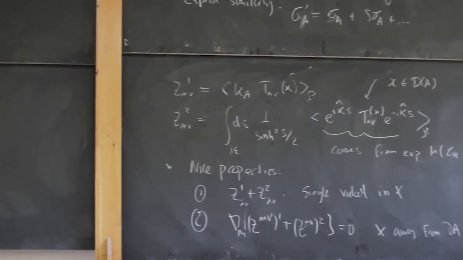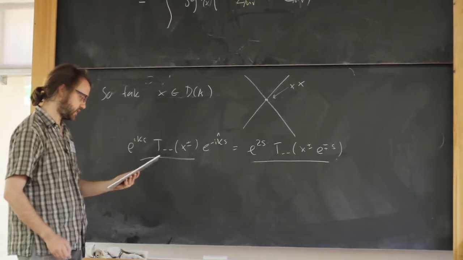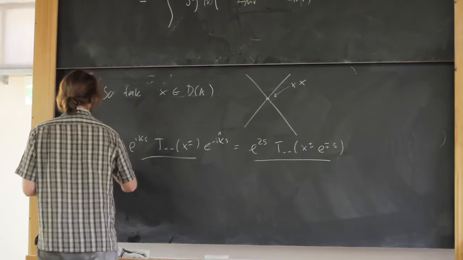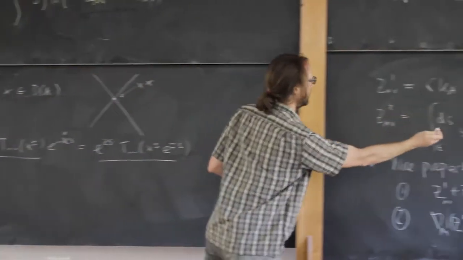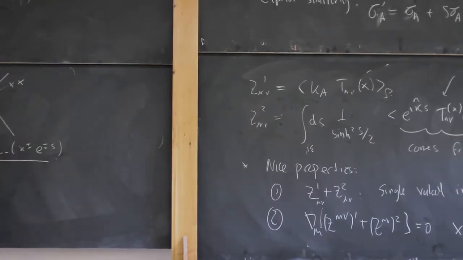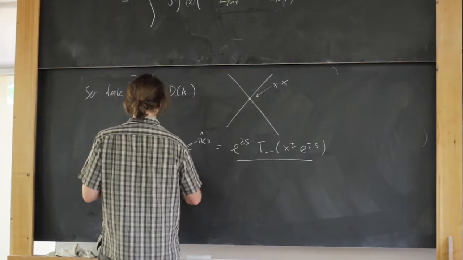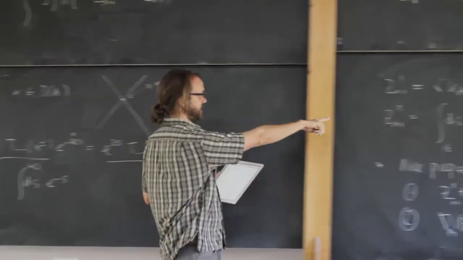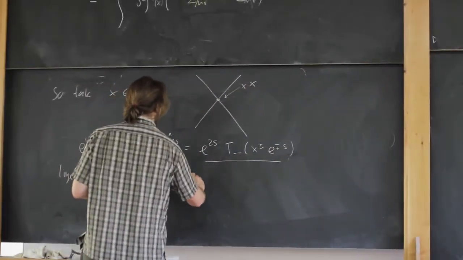This is how modular flow acts on the null components of the stress tensor. So what we examine is the large s limit of this integral. You get various factors. You get some integral up to infinity. The kernel just becomes e to the minus s. You get this e to the 2s here.